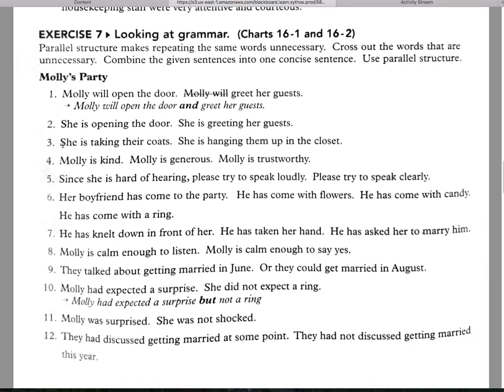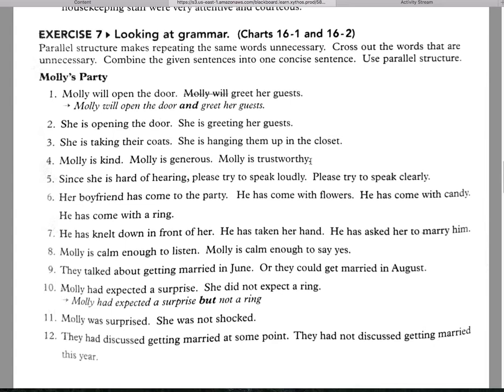Let's look at number 3. She is taking their coats. She is hanging them up in the closet. So again, "she is" is repeated. So you're going to say, she is taking their coats and hanging them up in the closet. Number 4. Molly is kind. Molly is generous.